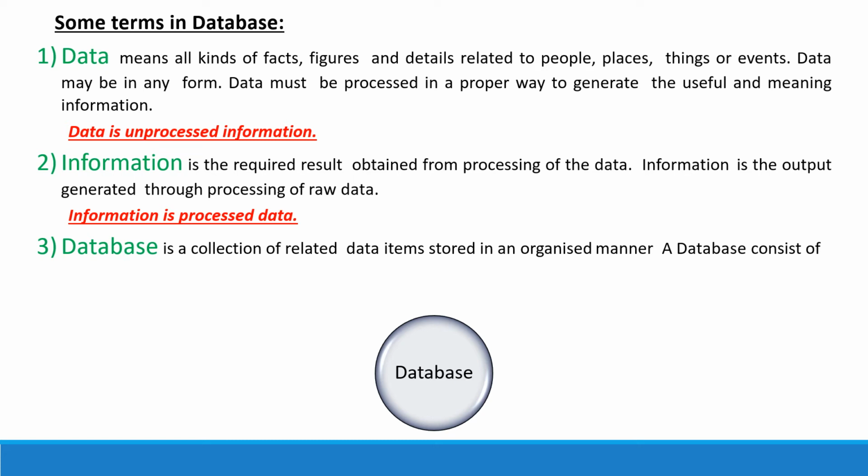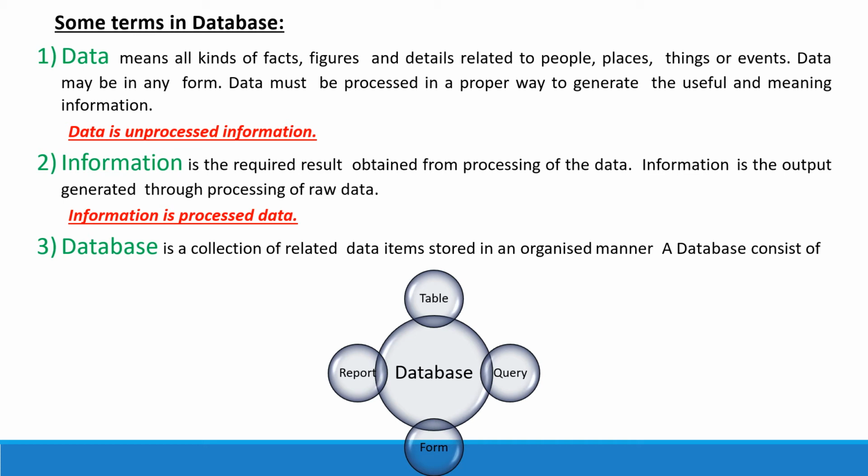The database mainly includes the first one, table, the second one, query, the third one, form, and the fourth one, report. So database is nothing but the combination of table, query, form and report.